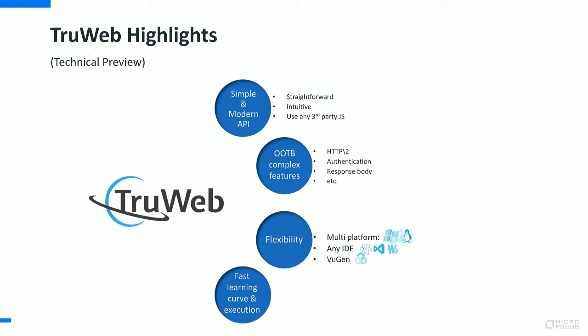TruWeb is a straightforward and intuitive protocol. It has a modern API, and it uses pretty much any third-party JavaScript SDK. Now, what's really cool about this is the features and the flexibility that come with TruWeb. We've provided some out-of-the-box complex features like HTTP/2 support, authentication, response body, and parameterization, and this is something we plan to grow on.